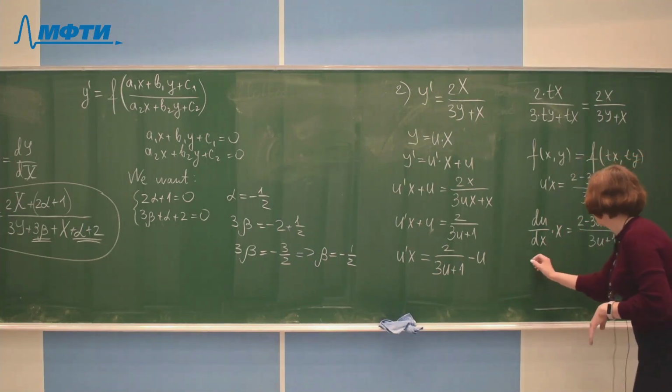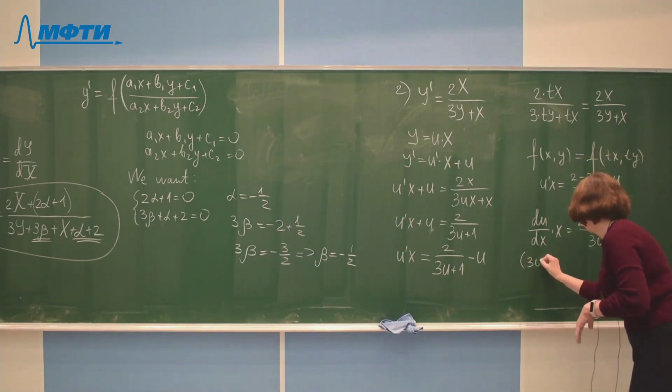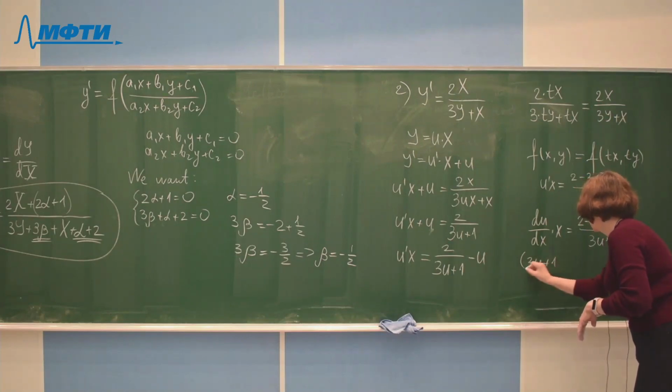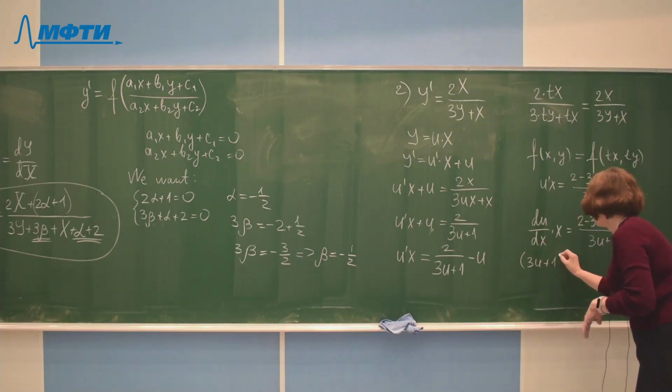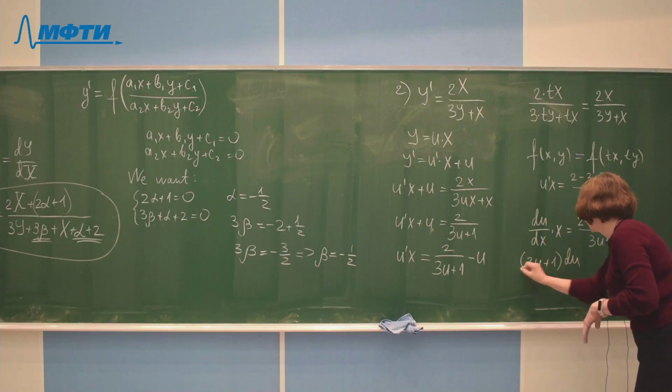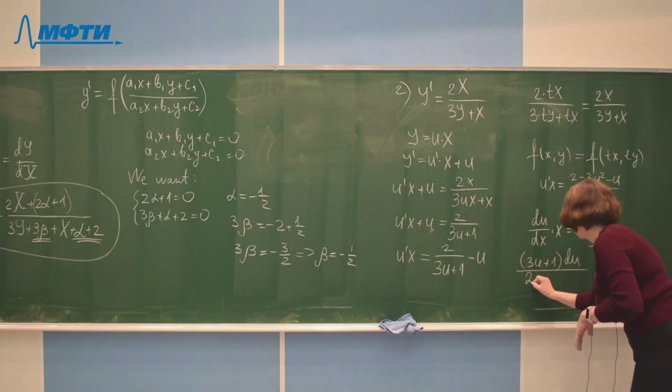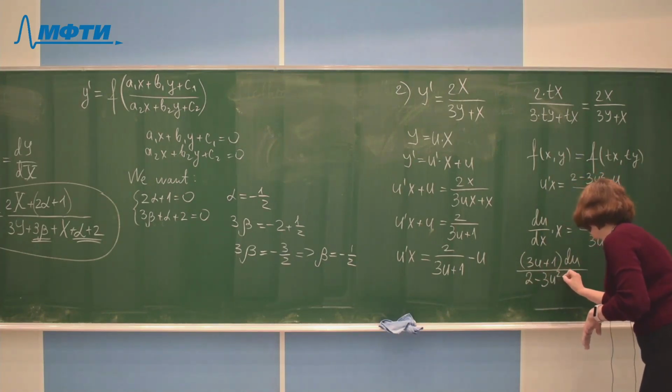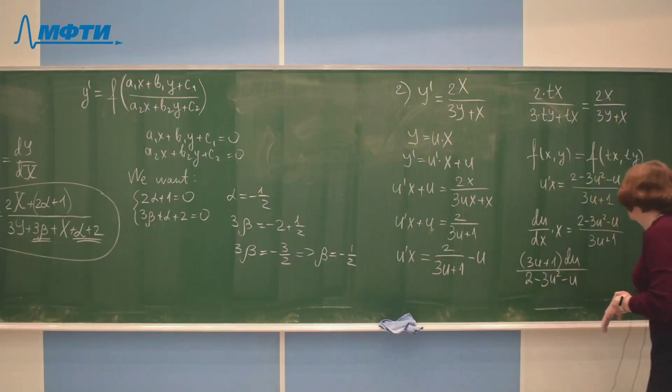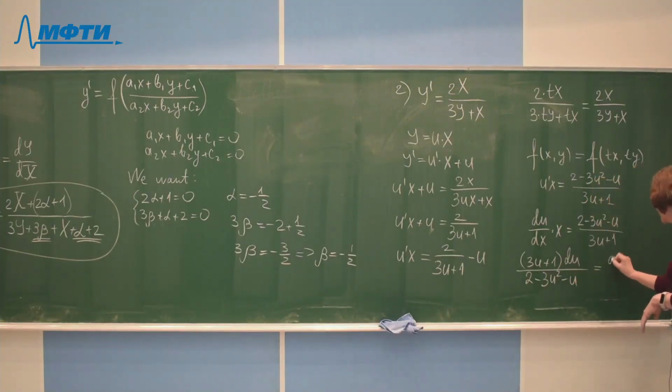And then separate variables: 3u plus 1 du over 2 minus 3u squared minus u equals dx over x.